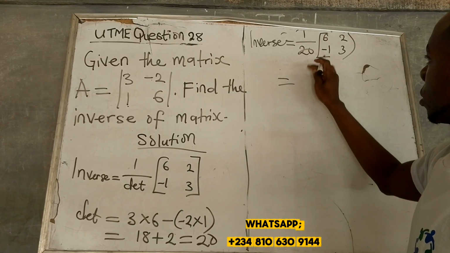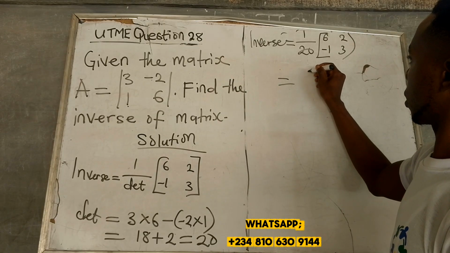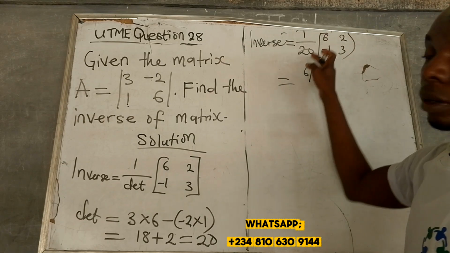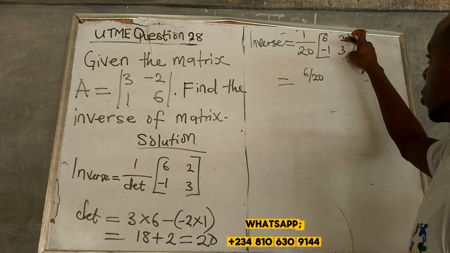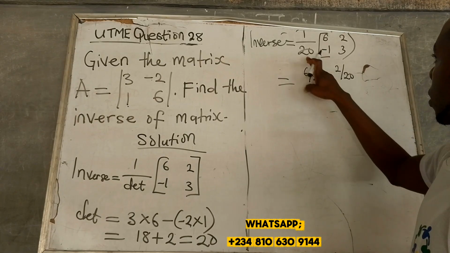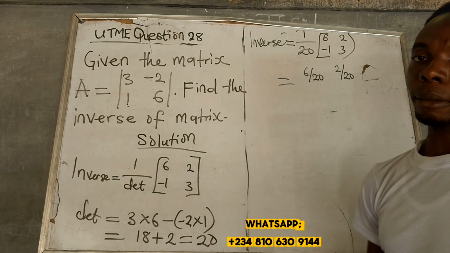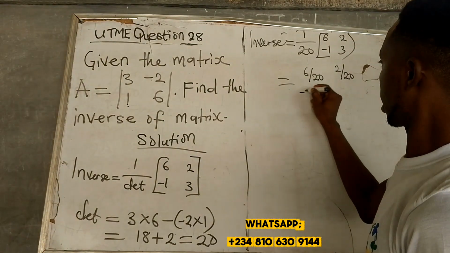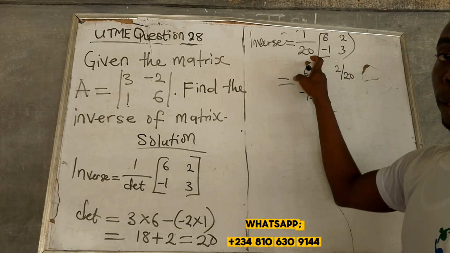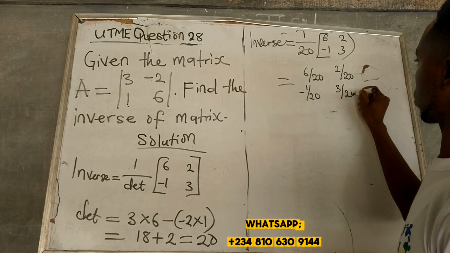This will be equal to 1 over 20 multiplied by 6 will give me 6 over 20. 1 over 20 multiplied by 2 will give me 2 over 20. 1 over 20 multiplied by minus 1 will give me minus 1 over 20. Then 1 over 20 multiplied by 3 will give me 3 over 20.